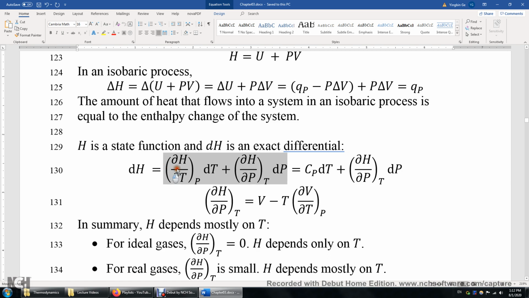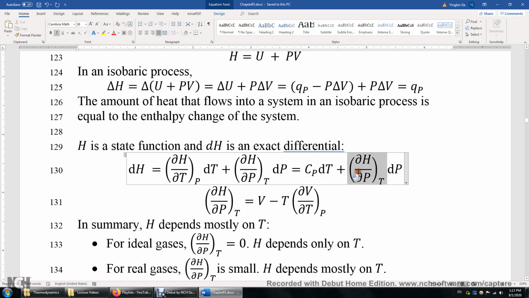Now this part, (∂H/∂T) at constant pressure, is simply Cp. So it is convenient to express enthalpy as a function of temperature and pressure. We can also express enthalpy as a function of temperature and volume, or pressure and volume. It's just not very convenient.